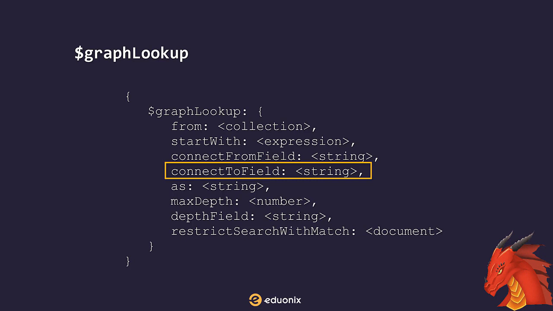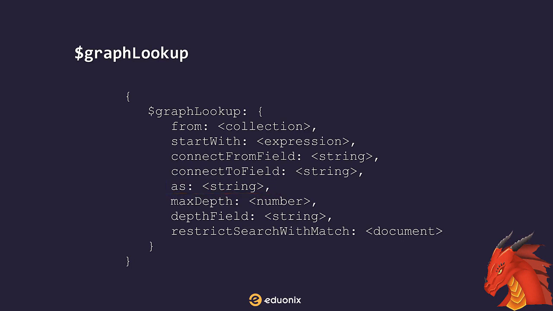The as parameter is the common name of the array field, and it is added to each output document. The array represented by the as parameter contains the documents traversed in the graph lookup stage so as to have reached the document. Documents returned in the as field are returned in no set order.